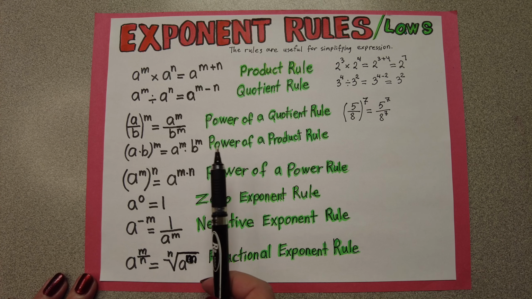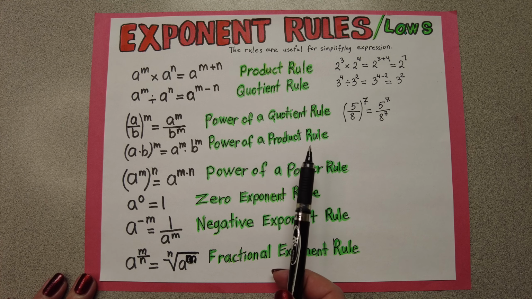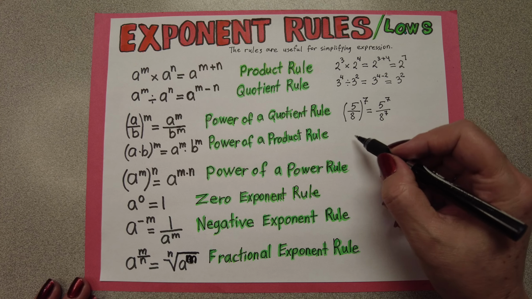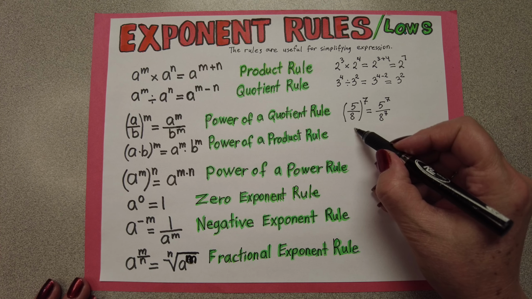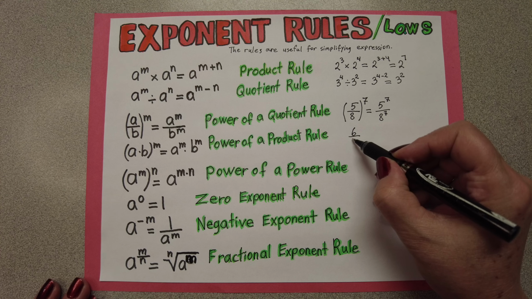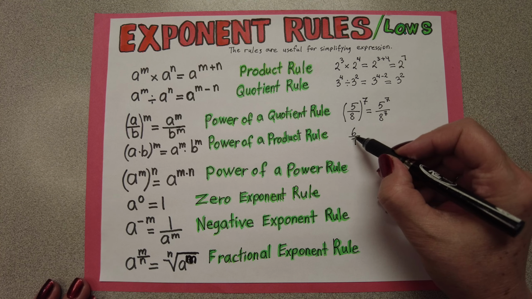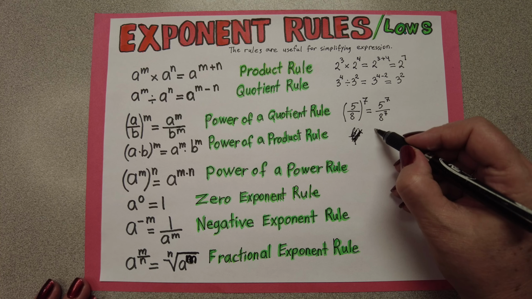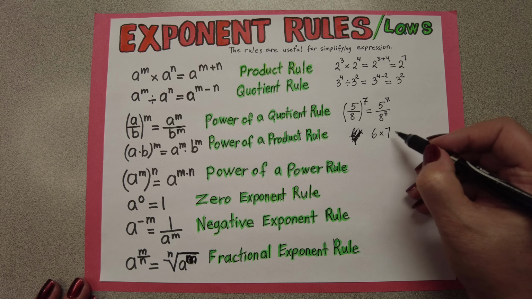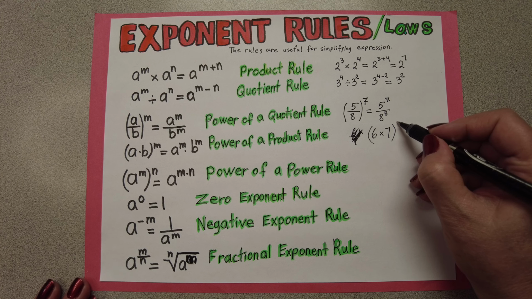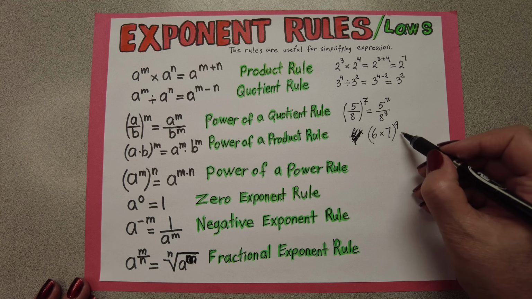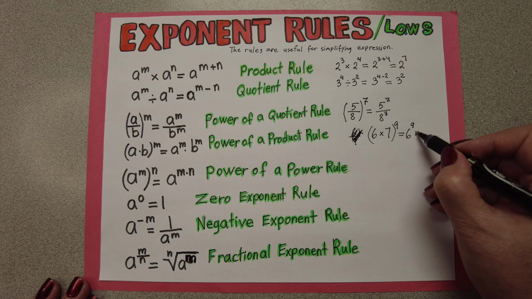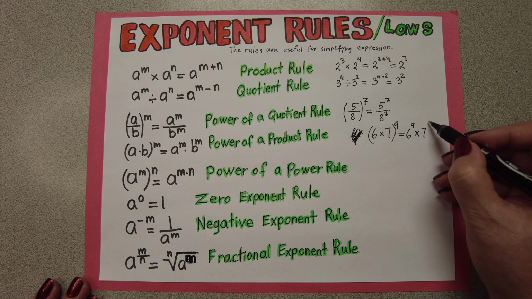Next one is the power of a product rule, the same way as we did for division. Now let's say we have different numbers, 6 times 7 to the power of 9. We can write this as 6 to the power of 9 times 7 to the power of 9.